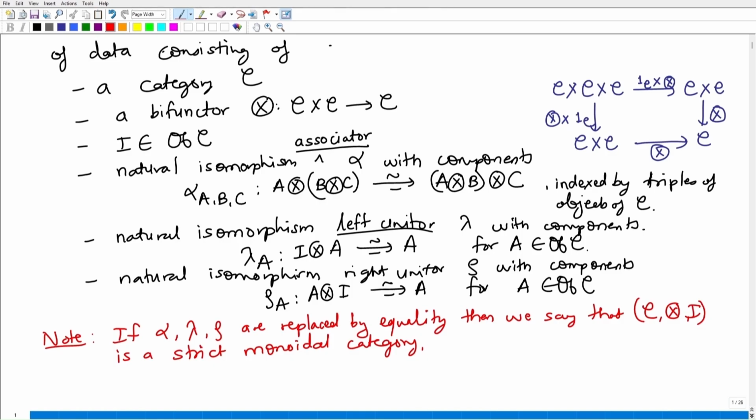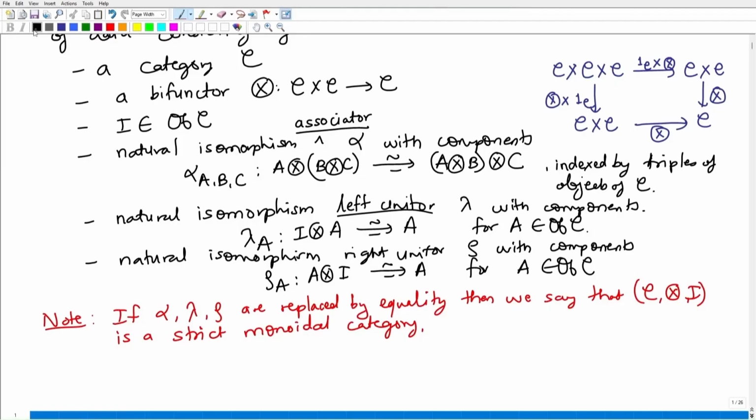Okay, my definition is not yet complete. If we are writing associativity, then we also have to talk about the coherence of associativity. Then identity should do what identity is supposed to do, right? So all these conditions, my definition is not complete.